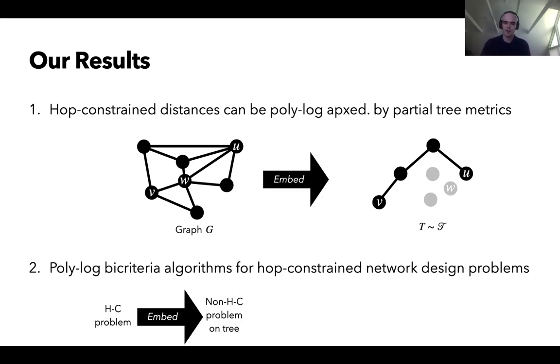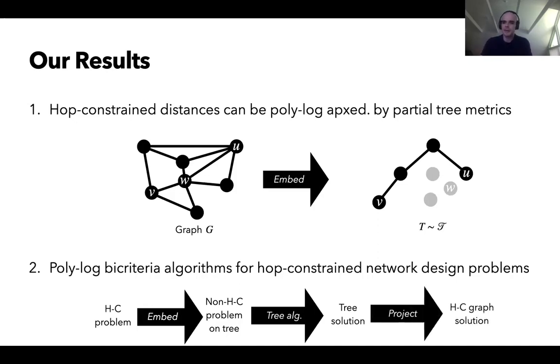Now, a non-hop constraint problem on a tree is much easier than a hop constraint problem on a graph, so you can run your favorite algorithm to solve the tree problem. That'll give you some solution, and then you just project that solution back into the original graph. And because of this partial business where trees are on most of the vertices, you might have to repeat this log n times to satisfy all your connectivity requirements with high probability.